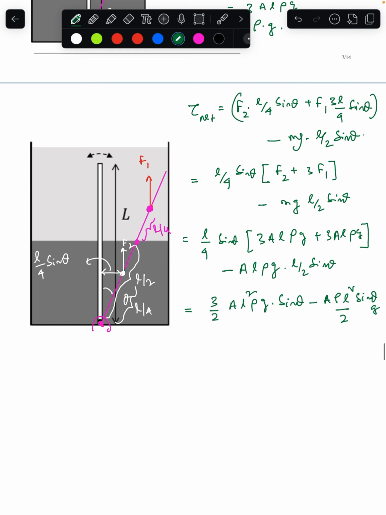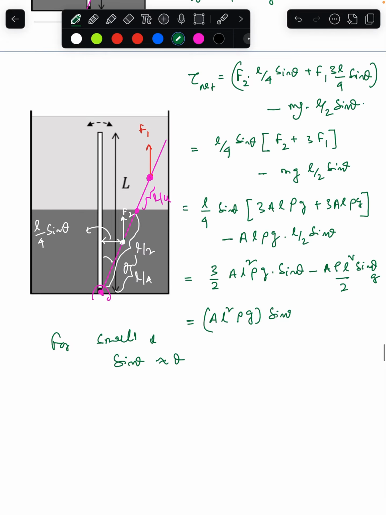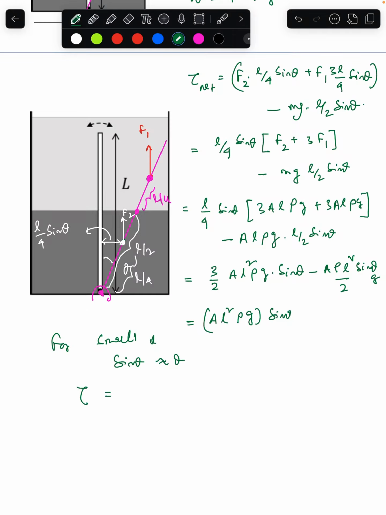So 3 by 2 minus 1 by 2 is 2 by 2, which is 1. So it becomes A L square rho g into sine theta. Since we are talking about small oscillation, for small theta, sine theta is nearly equal to theta. So tau net will become A L square rho g into theta, which is equal to I into alpha.